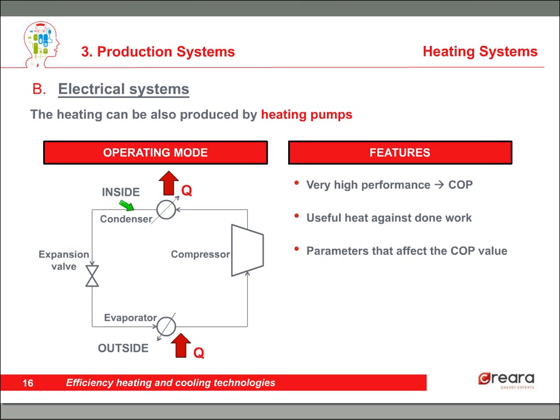The good thing about this equipment is that it has really high performance. This term is the coefficient of performance, COP. This is a very good system because it is really highly efficient. It could achieve more than 400% efficiency.